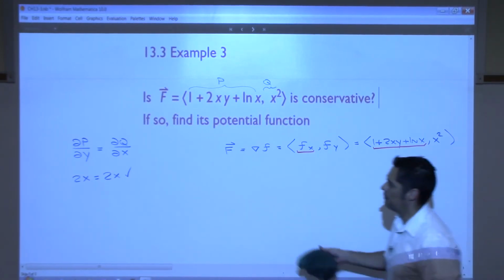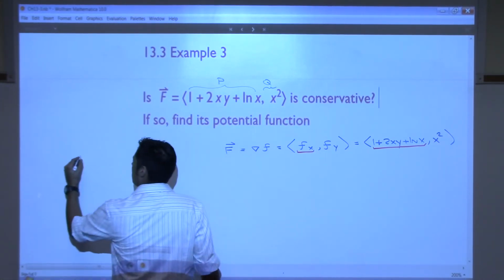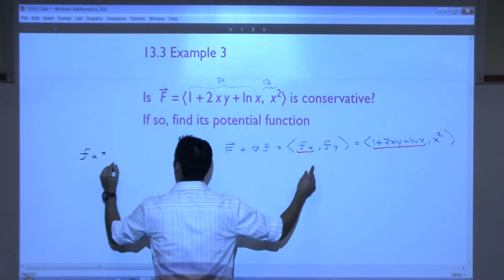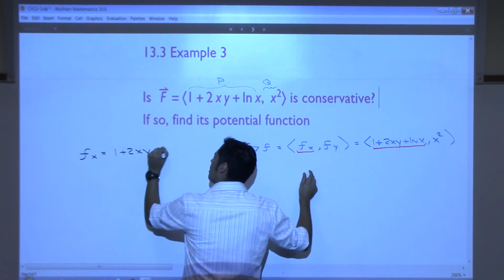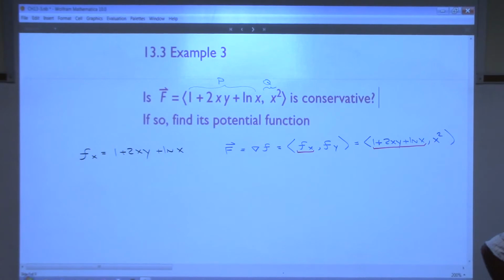Okay. I have that the partial of f with respect to x is 1 plus 2xy plus the natural log of x. That comes from taking the derivative of little f with respect to x.